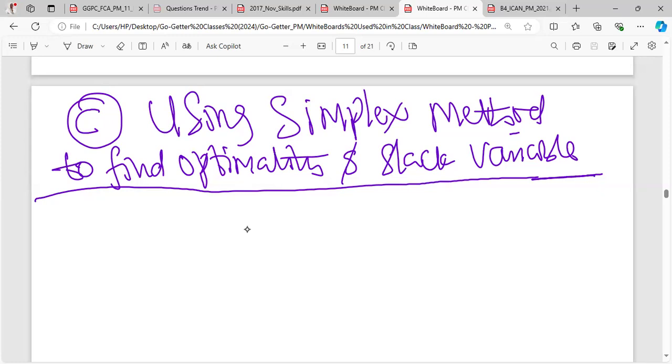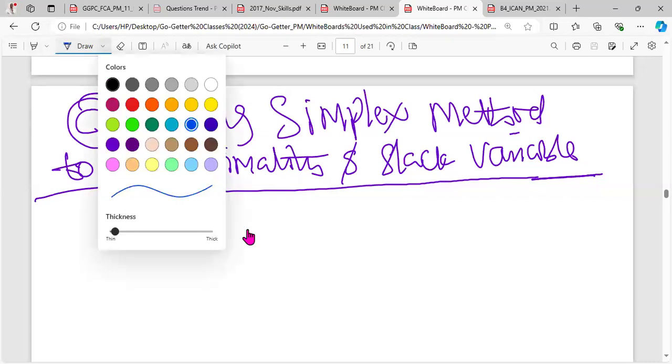You first of all look at the objective function here. So look at the objective function here.